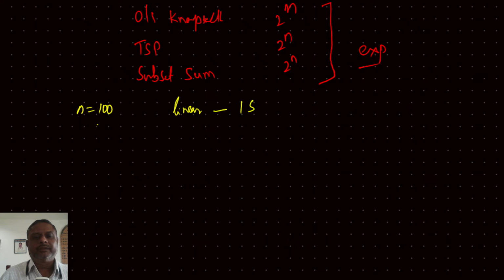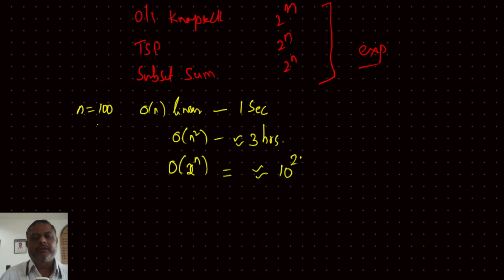Say it takes 1 second, that is order of n. Then order of n square will take around 3 hours to solve. And if you talk about order of 2 to the power n, then it is going to take around 10 to the power 20 years.